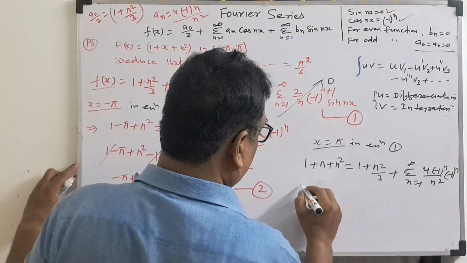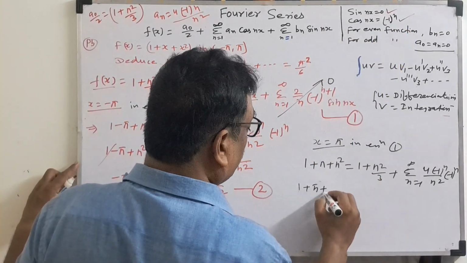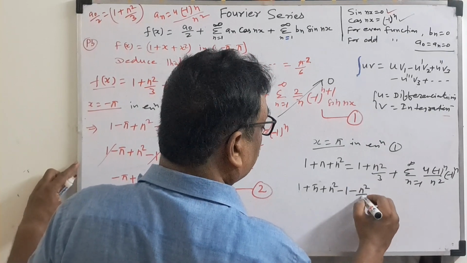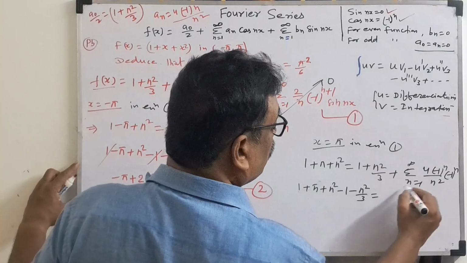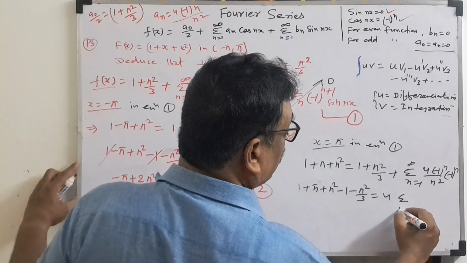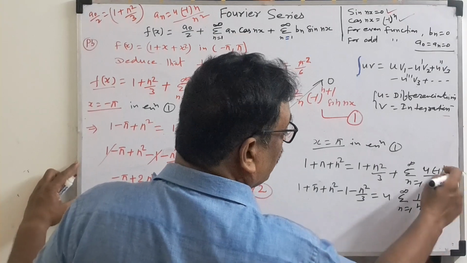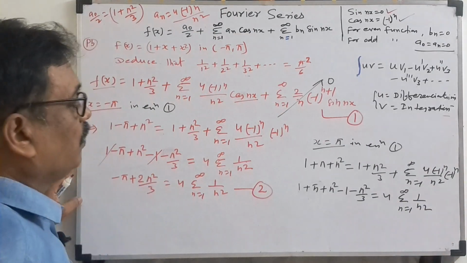Now solve this. 1 plus pi square minus 1 minus pi square by 3 equal to 4 you take outside, n is equal to 1 to infinity, again it will come 1 by n square only, because minus 1 power n, already told, will come 1 only.